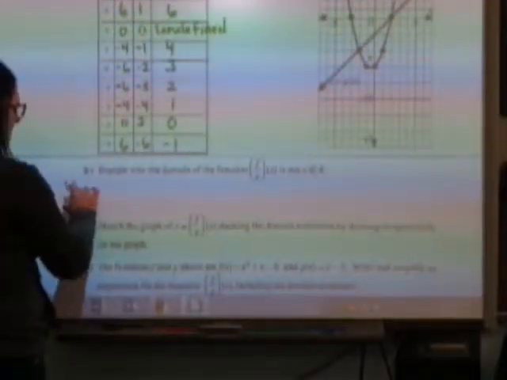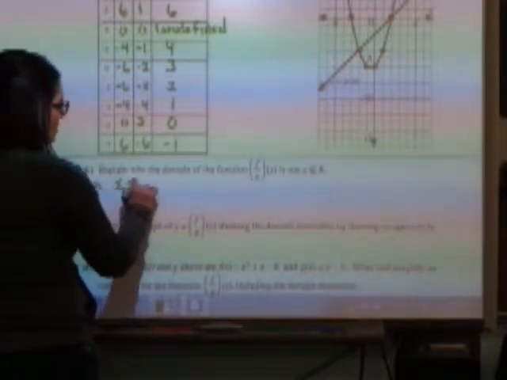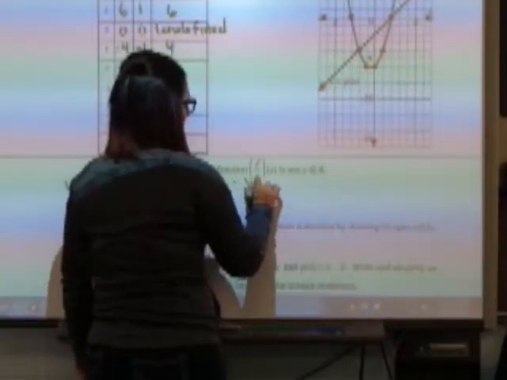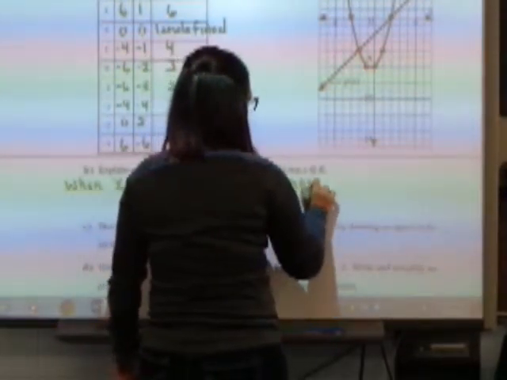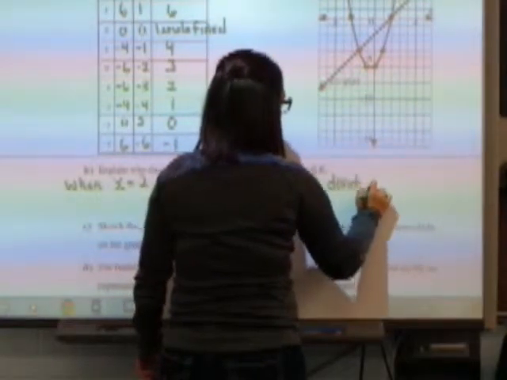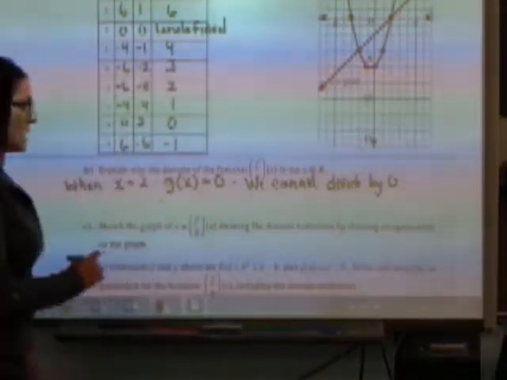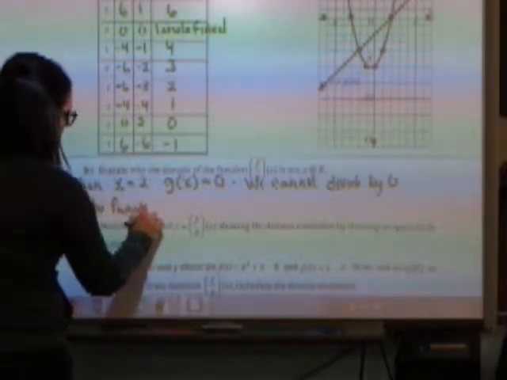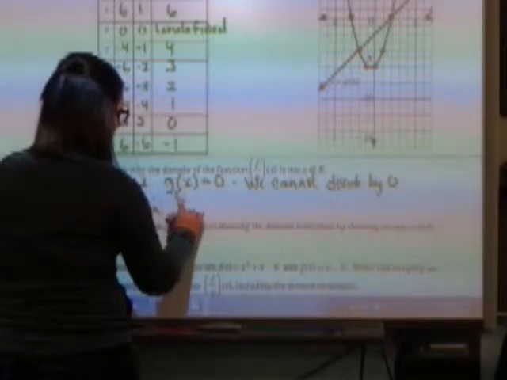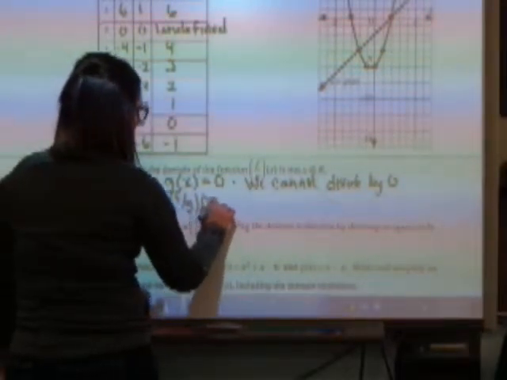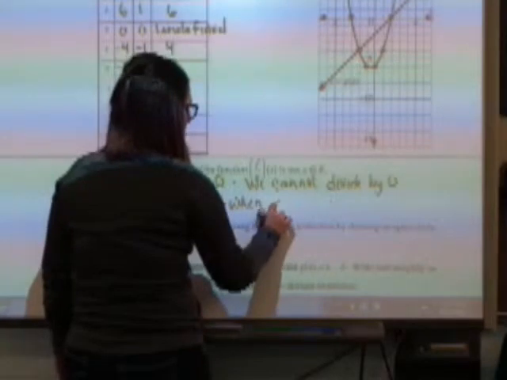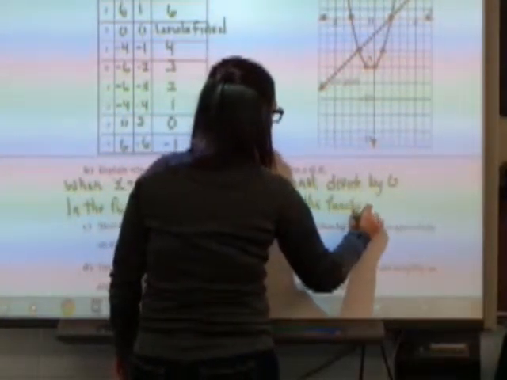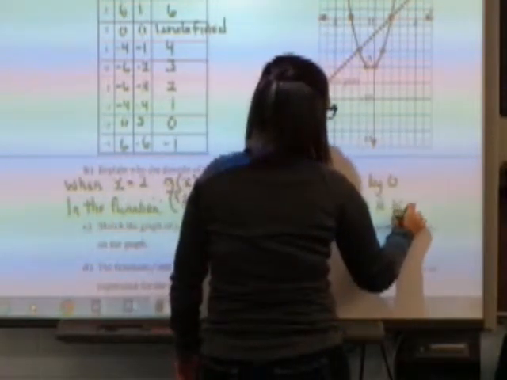So when x equals 2, g of x equals 0, and we cannot divide by 0. Which means in the function f divided by g of x, when x is equal to 2, the function is undefined.